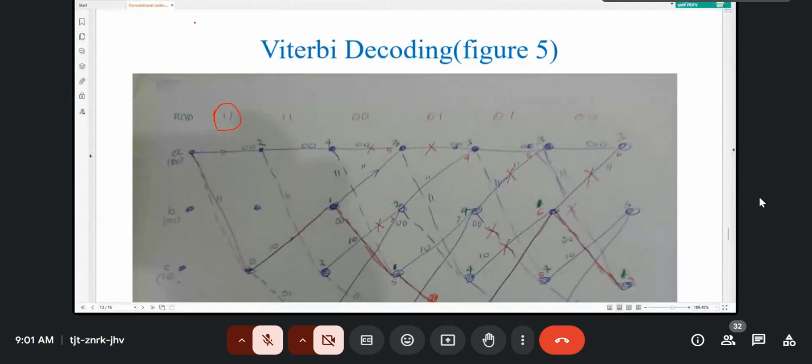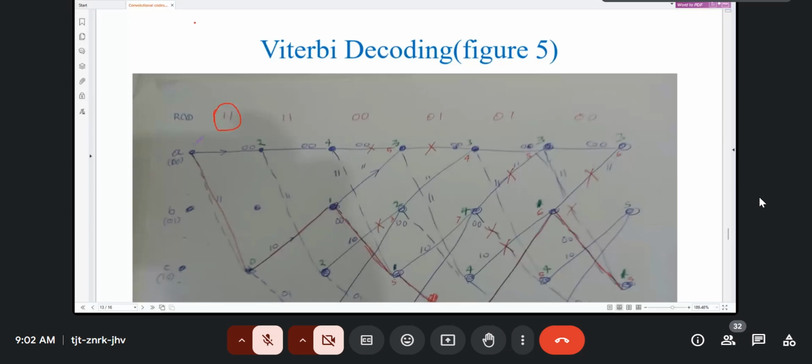So we have a branch metric. Here we are going to consider the branch metric and then the path metric. The path will be the cumulative metric.